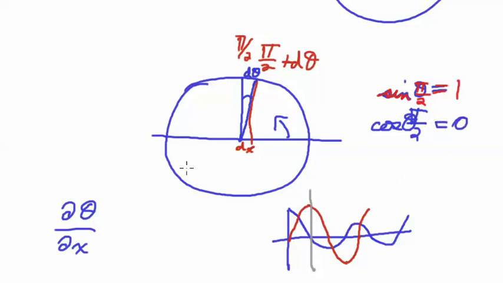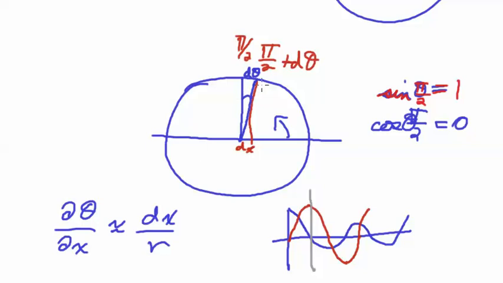Now my intuition currently says that if I move this a little bit here, the del theta del x is going to be approximately dx over r. Because if r is very small, then a small change in x is going to create a large change in theta. If r is very large, a small change in x is going to create a very small change in theta.